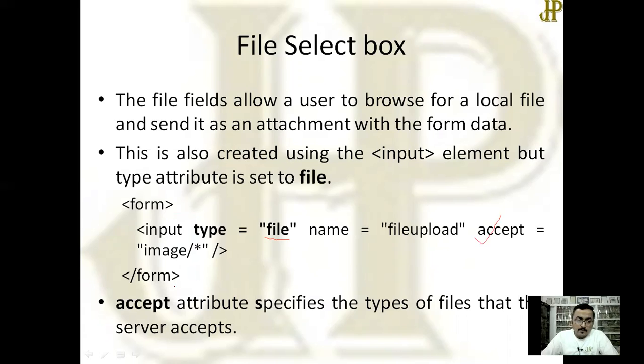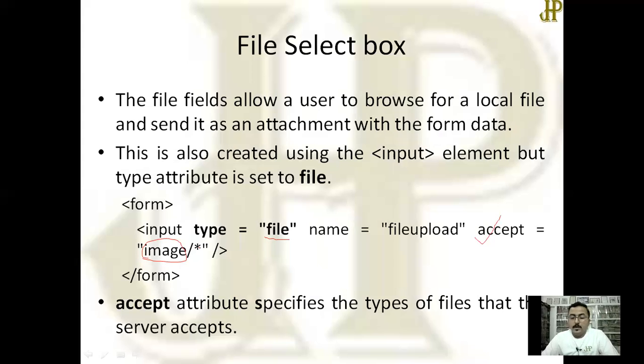Here I have given that the data should be in image form, and that image can be of any type. Here I have given image slash star. That image can be .png, .jpeg, whatever, bitmap. Okay. So like that you can put.